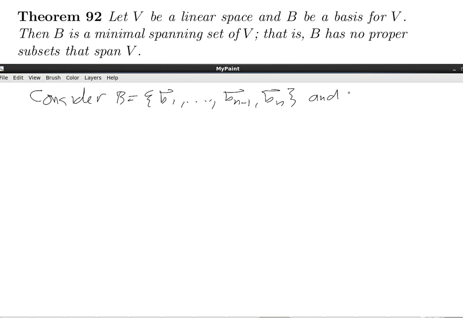And I'm going to define B prime to be B1 up to Bn minus 1. Bn could be any vector, so I'm just going to throw out the one that I'm calling Bn. If you want to throw out a different one, I'm going to call that one Bn and then throw it out. So that's B prime. I'm going to show that B prime cannot span.